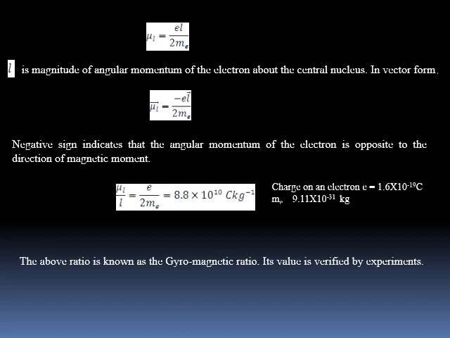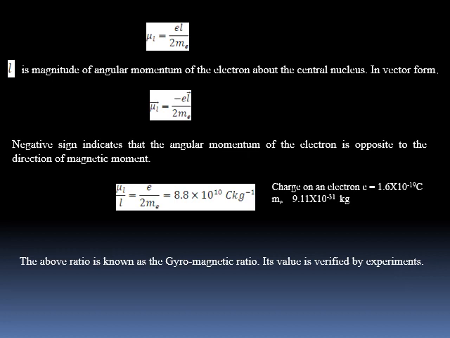So this value you have to remember, or if you remember the value of E and the value of me, you will automatically get the value of the gyromagnetic ratio. So the gyromagnetic ratio is the ratio of magnetic moment over angular momentum.